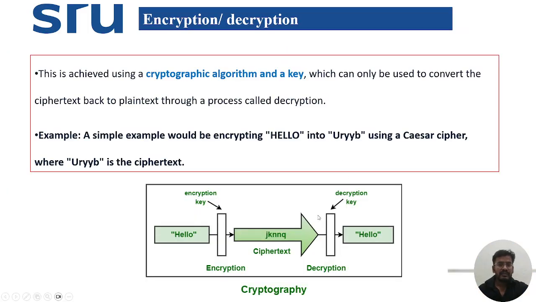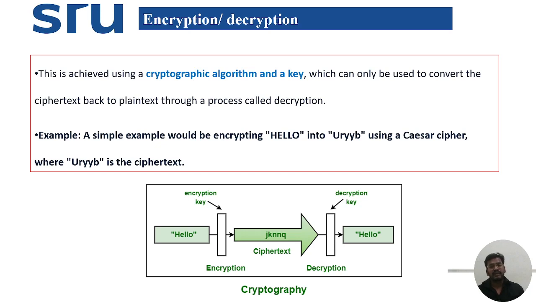Encryption and decryption, as we know, convert data into cybertext and then decrypt it back, which is achieved using cryptographic algorithms and a key that can be used to convert the cybertext back to plain text through the process called decryption.